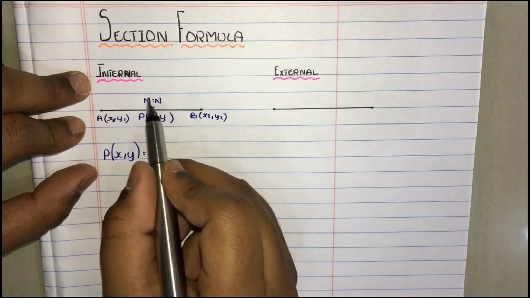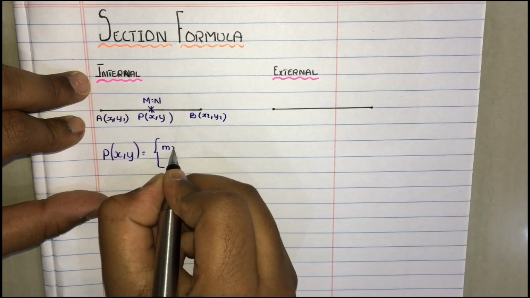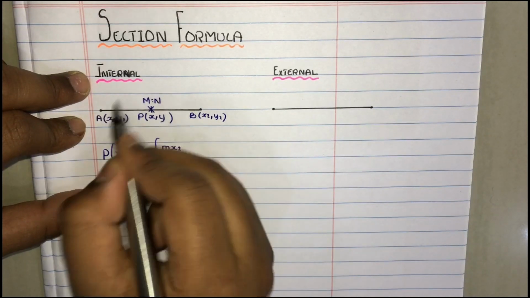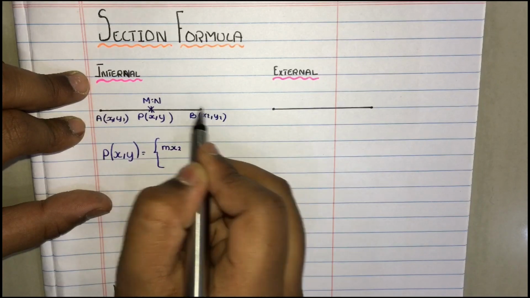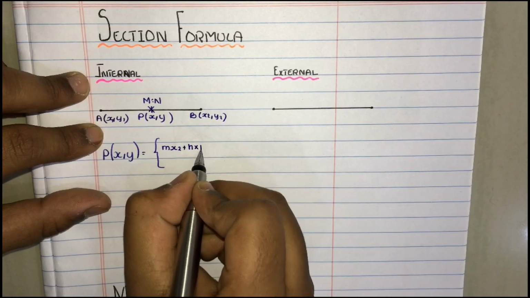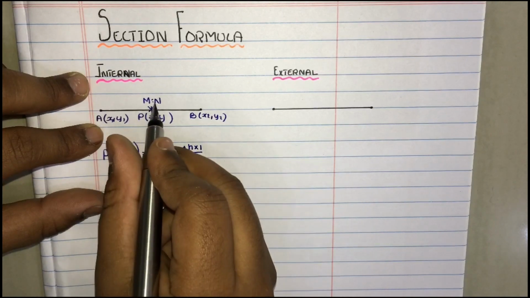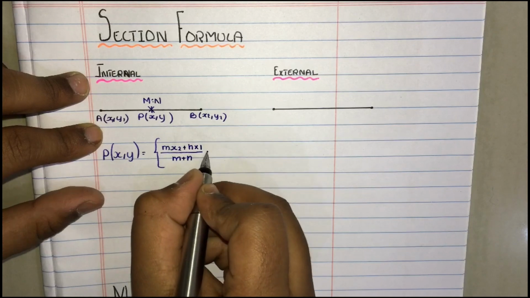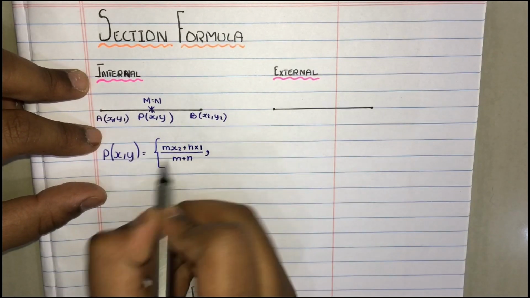m into x2, so mx2, plus n into x1. So it's like this and then like this. First this side, second this side. So mx2 plus nx1 divided by n plus m, that is m plus n, comma. This is for x coordinate.